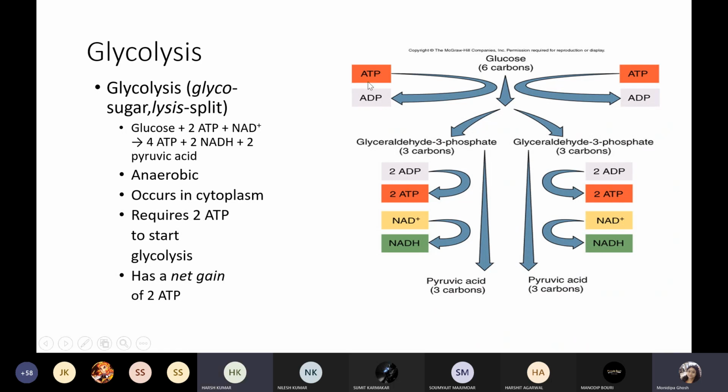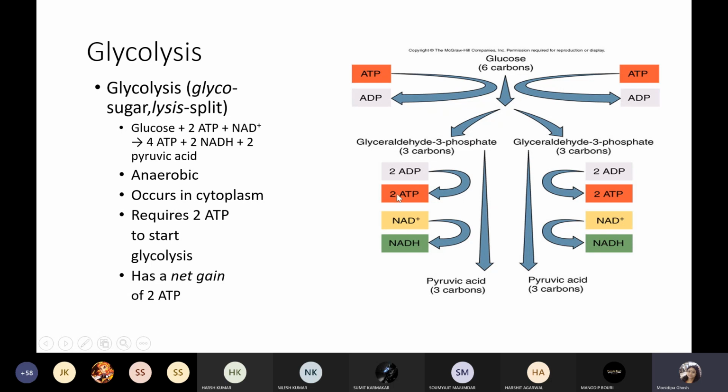So a bond has to break, so energy has to be absorbed, not given out. Because there are three phosphate bonds, there is some misunderstanding. We are investing this one, no? From 3 to 2. Understood? Yes, ma'am. Here from 2 to 3, ATP is produced.